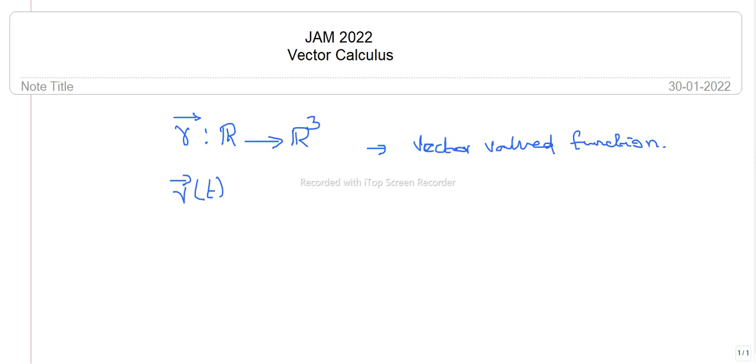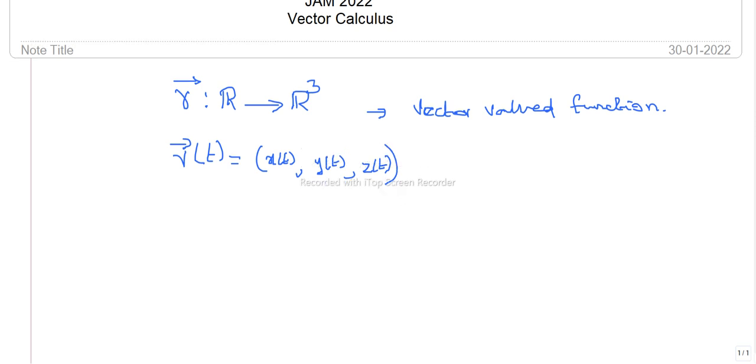For any t in R, we assign some ordered triple. We can denote x of t as the first coordinate, y of t as the second coordinate, and z of t as the third coordinate. Such a function is called a vector valued function, usually denoted r vector. We can also represent this in terms of i, j, k.